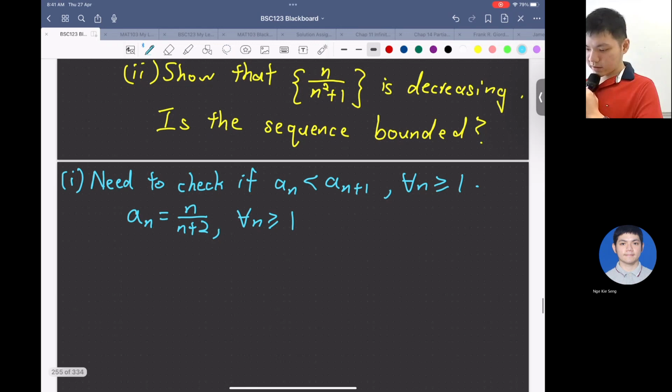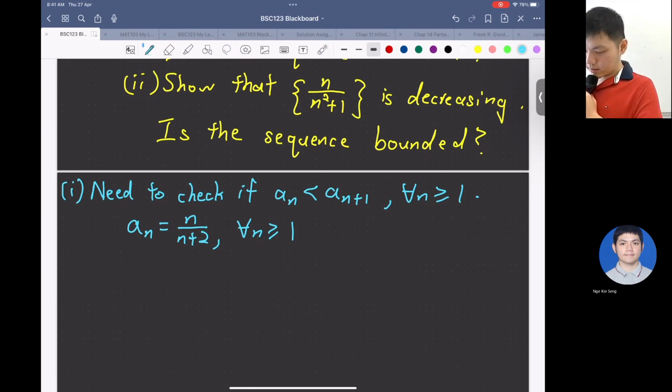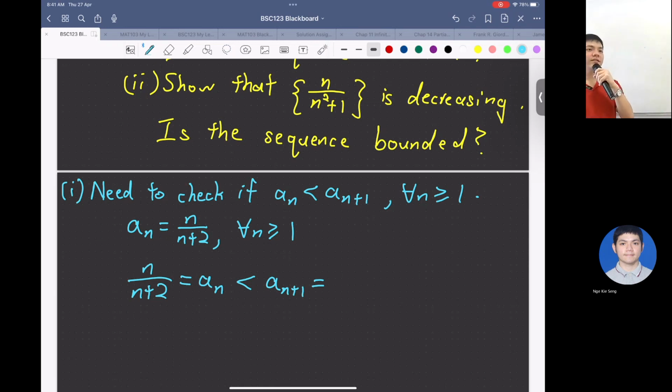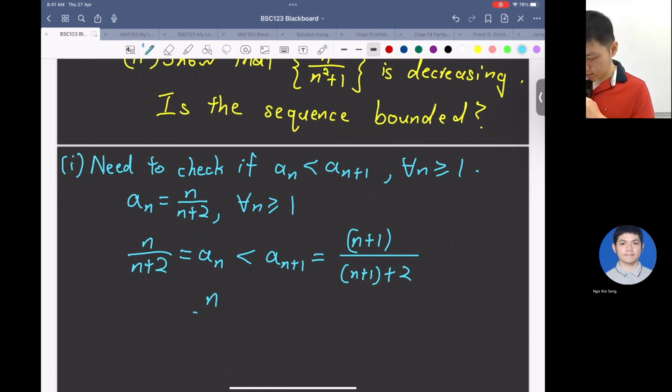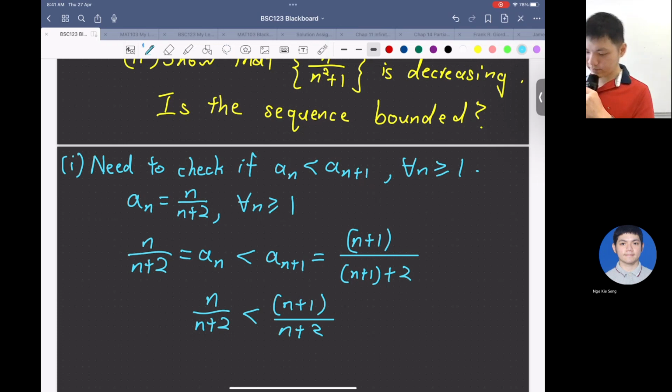Is it true that this number is less than a_(n+1), which is n plus 1 over n plus 1 plus 2, that is, n plus 3?